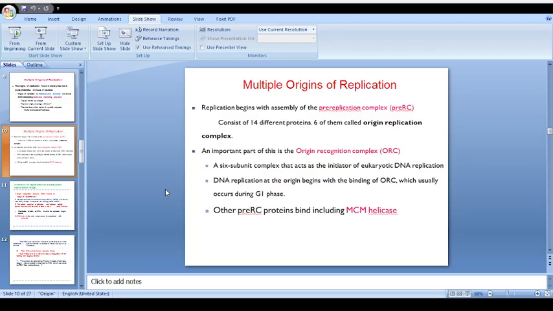When replication commences, the assembly of the origin recognition complex takes place during the G1 phase of our cell cycle. Then the pre-replication complex binds to the MCM helicase later.